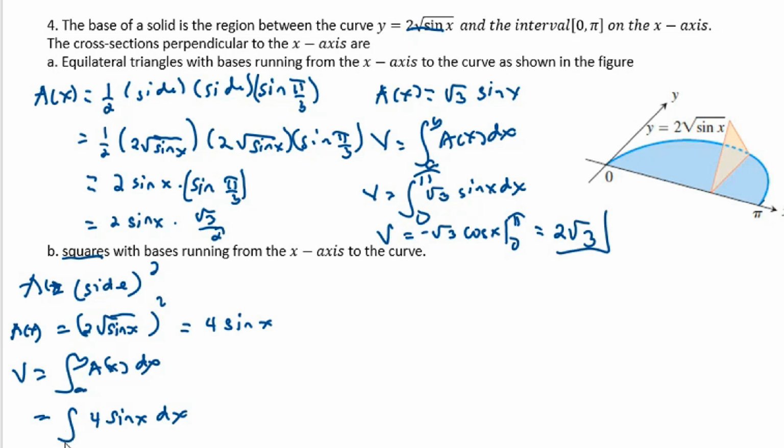Integrating, I will write the 4 outside, and the integral of sine x dx is negative cosine, so we have negative 4 cosine x, evaluated from 0 to pi. Using the fundamental theorem of calculus again, this gives us the answer of 8. That's the volume.